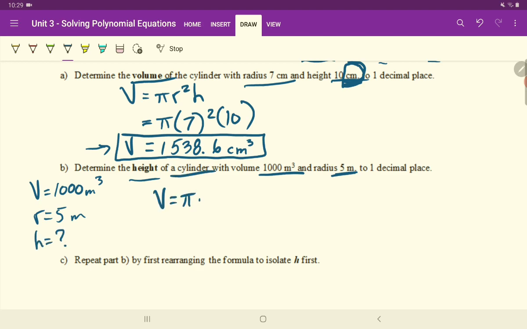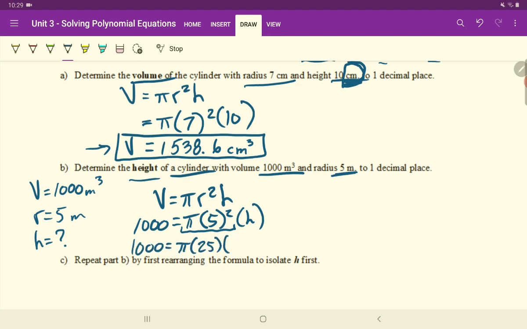Remember, it's for a cylinder, again. Now, you can actually multiply pi times 5 squared there, or pi times 25. I'm going to just write out another step here. I'll put the 25 there.